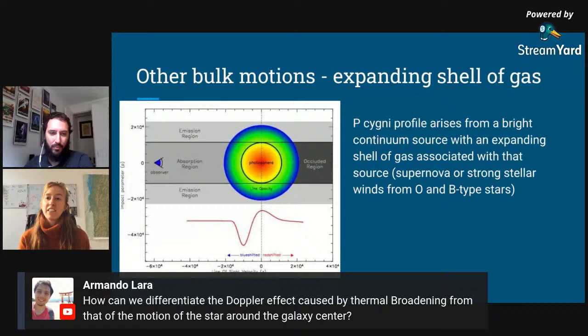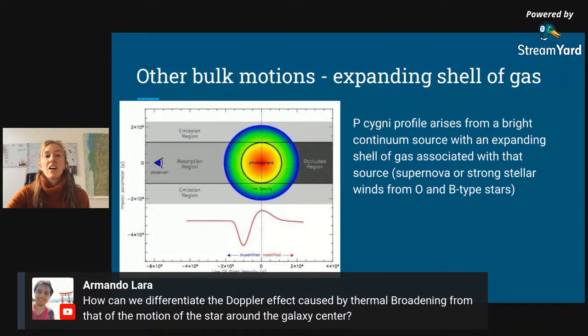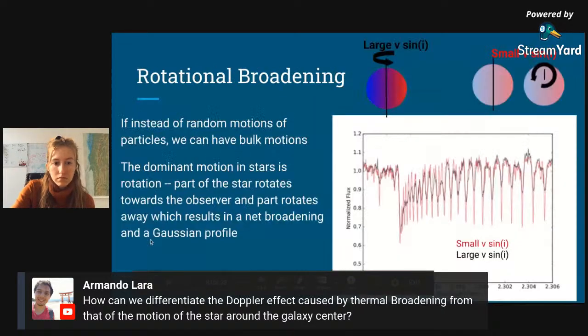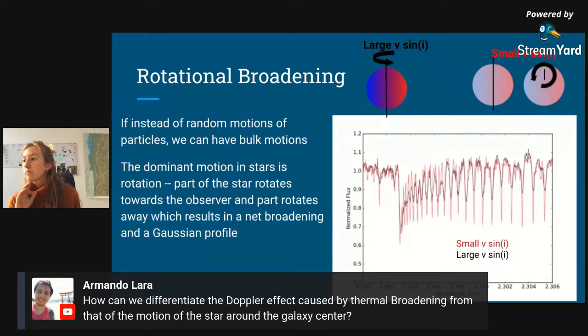Okay, great. Yeah, this is a good question. Let me go back. Great. So the motion of the star around the galaxy is not going to give you a broadening effect. It's going to give you an overall shift effect.